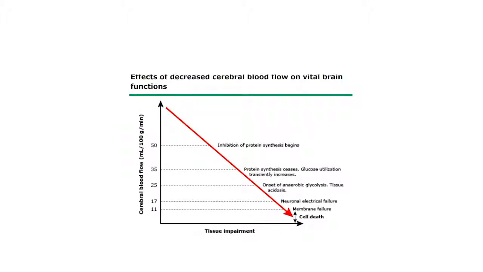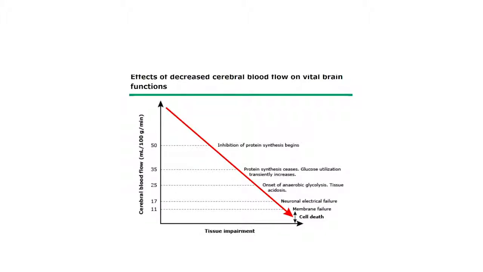Like number one, you have inhibition of protein synthesis beginning when the cerebral blood flow reduces to 50 per 100 grams per minute. And then when it goes down to 35 per 100 grams, protein synthesis ceases completely and glucose utilization increases transiently.